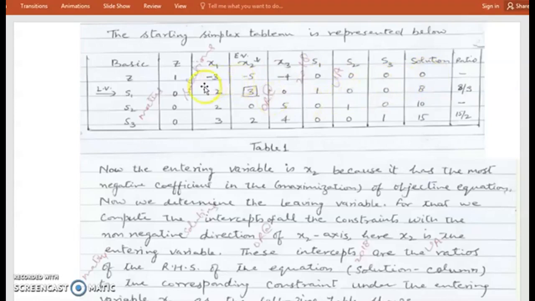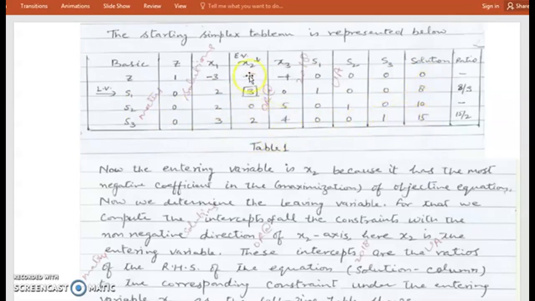Since all the variables are on the left hand side of the objective function, this row becomes 1, -3, -5, -4, 0, 0, 0, and the right hand side is 0. Similarly we write the coefficients of the s1 row, s2 row and s3 row here, and these are the right hand side values.